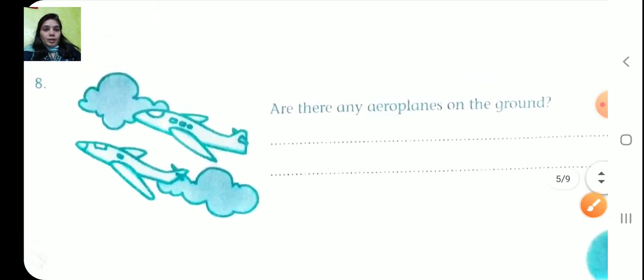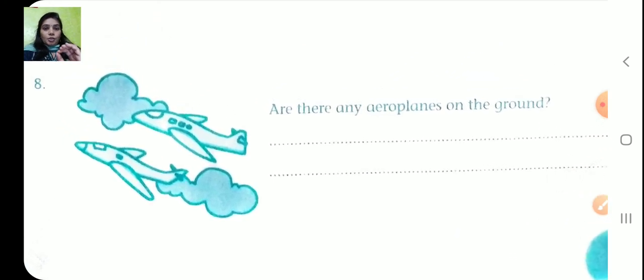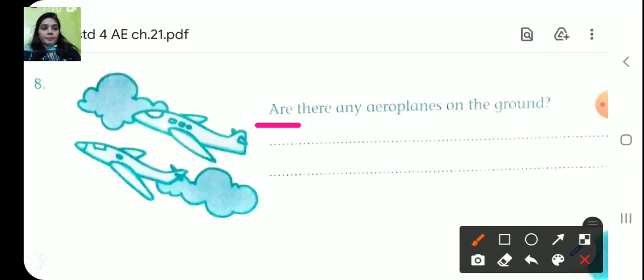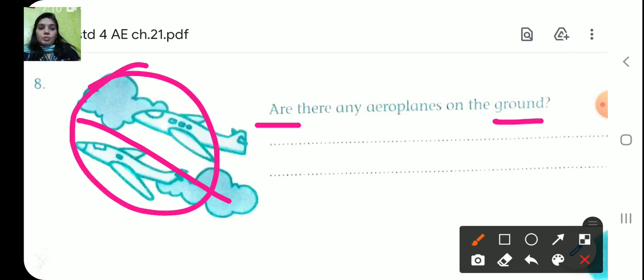It's so simple, you can write the answers on your own. Here the questions again start with are. Ground. Okay. Are there any aeroplanes on the ground? This is flying. You can see them in the clouds. But on the ground, is anything there? Nothing.